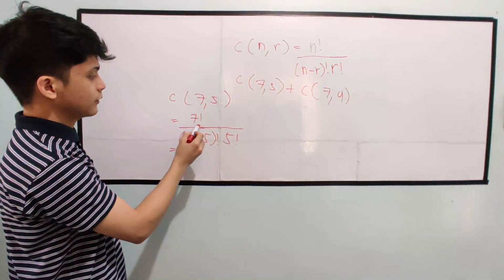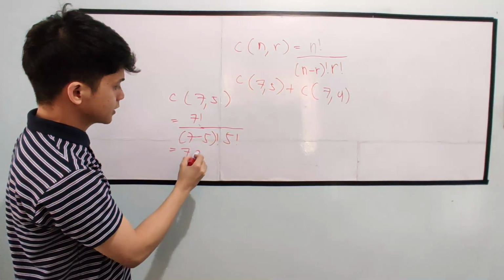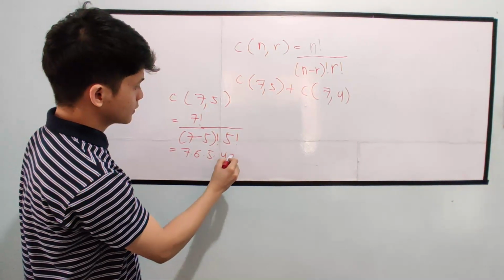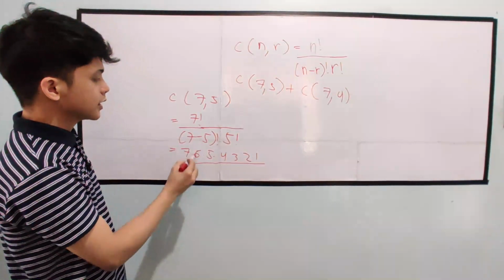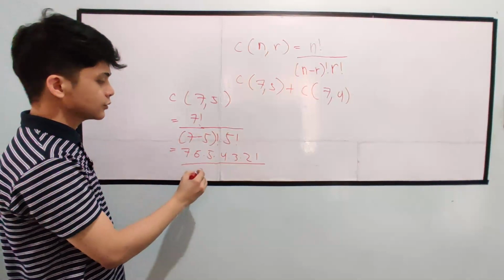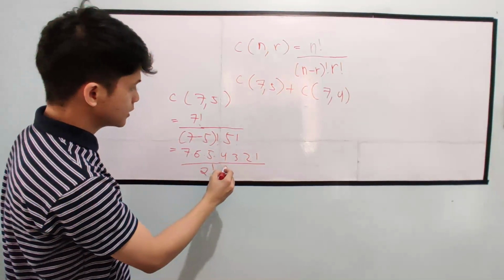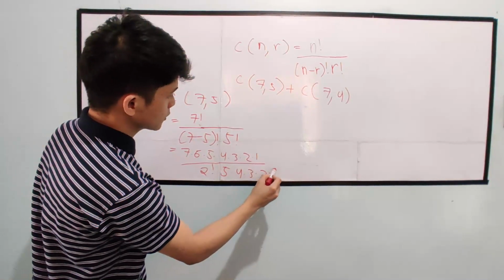Expand natin yung 7 factorial. That is 7 times 6 times 5 times 4 times 3 times 2 times 1. Then ito, 7 minus 5 is 2. So, that's 2 factorial. Then, 5 factorial is 5 times 4 times 3 times 2 times 1.